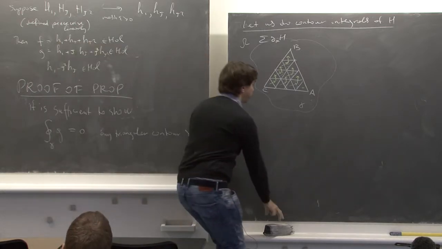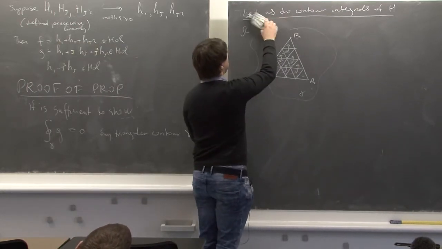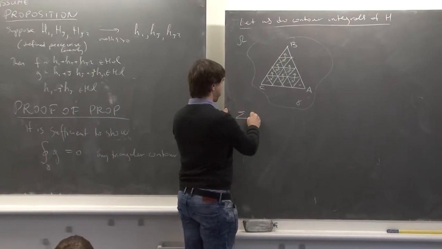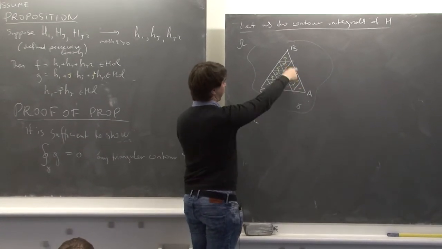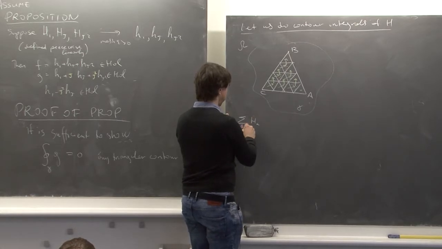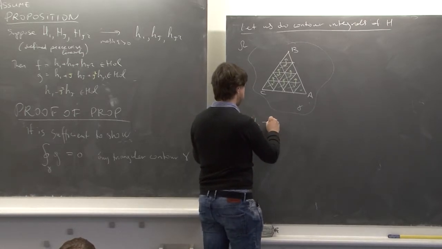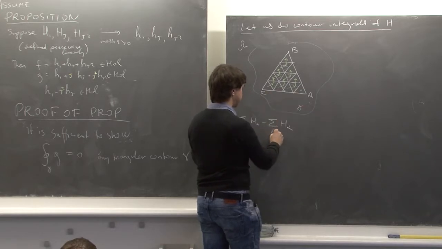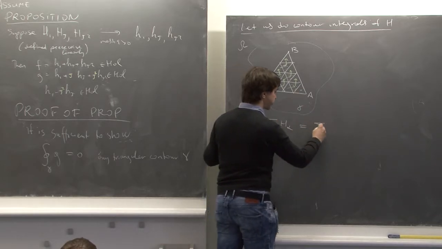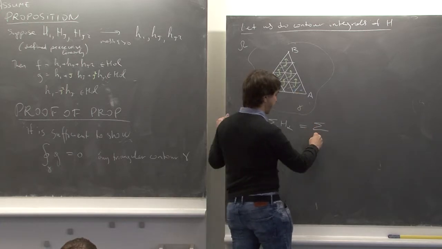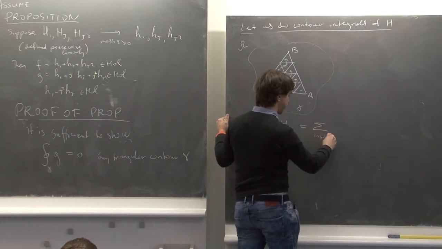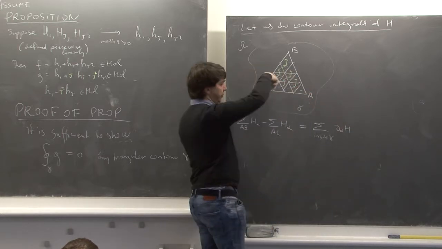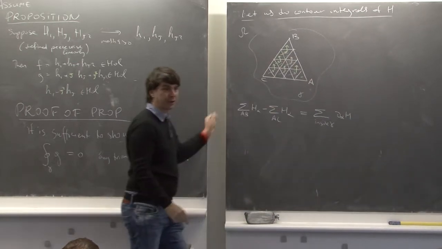So basically, what we have here is that the sum of h alpha on AB minus the sum of h alpha on AC is equal to the sum inside gamma of this d alpha h, but along these snaky looking things.